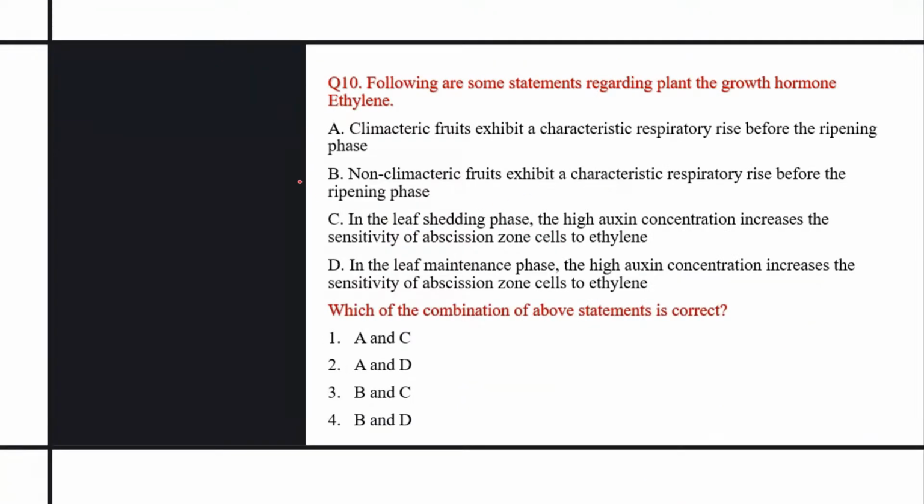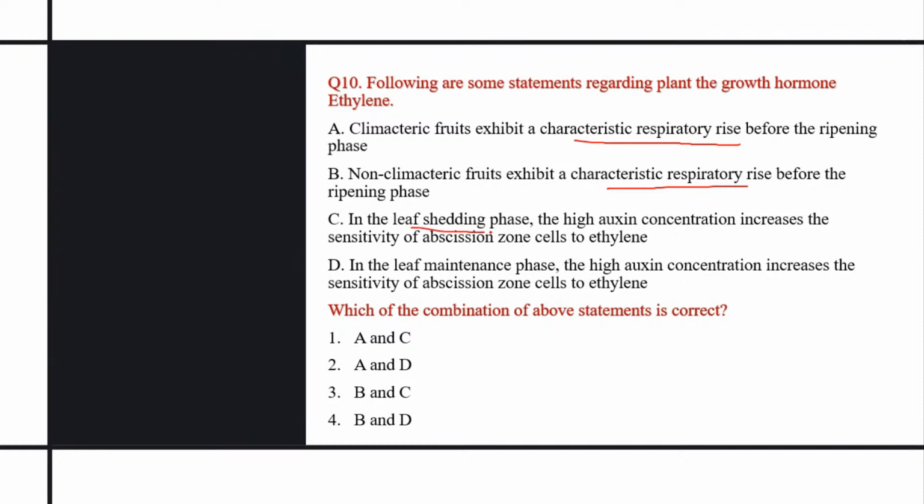Following are some statements regarding the plant growth hormone ethylene. Climacteric fruits exhibit a characteristic respiratory rise before the ripening phase. Non-climacteric fruits exhibit a characteristic respiratory rise before the ripening phase.